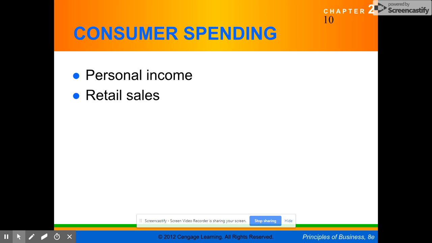Okay, another way that we can see how our economy is doing and see if we have economic growth is to look at consumer spending. Consumer spending is the money that you earn and spend, and it is a big factor of economic growth as well. So each day people receive money from their job or their participation in production.